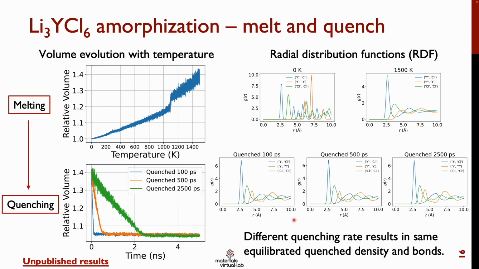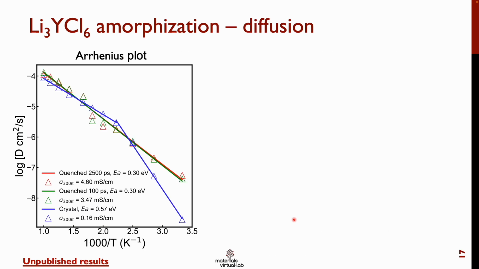So with this active learning workflow, we are quite confident to generate this kind of amorphous structures with this melt and quench procedure. And then we further studied Arrhenius behavior, actually simulating the ionic activity from 300 Kelvin to 1000 Kelvin.